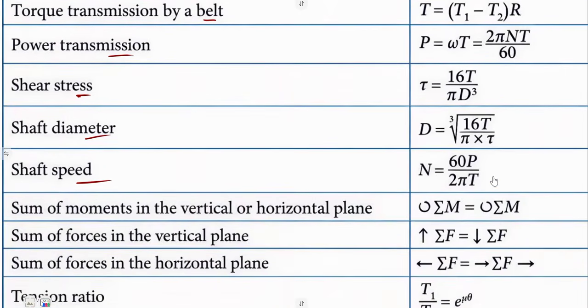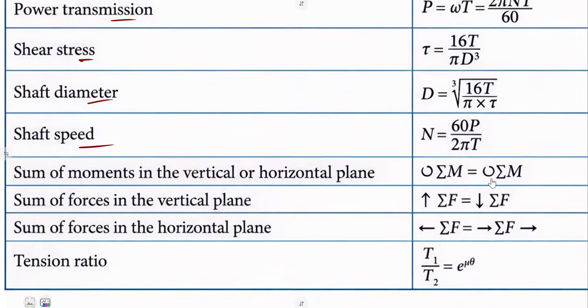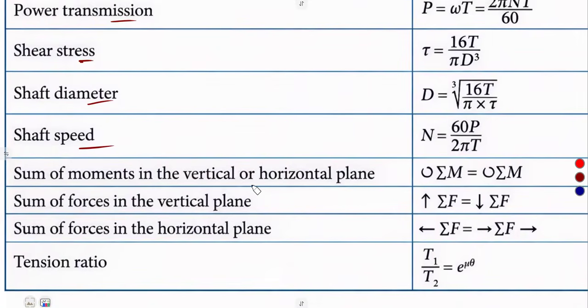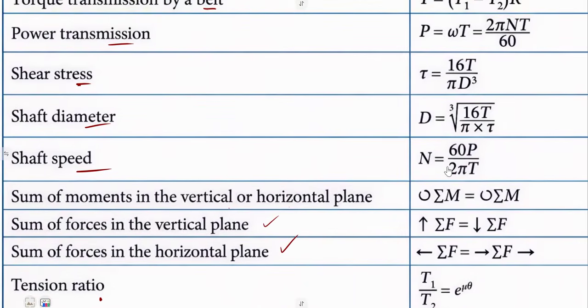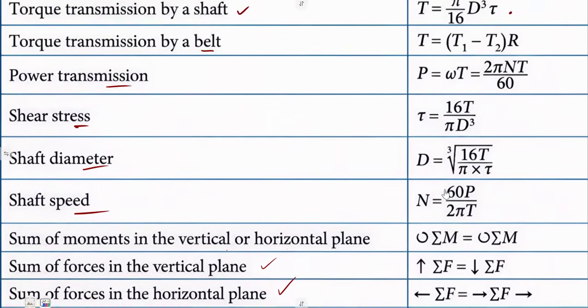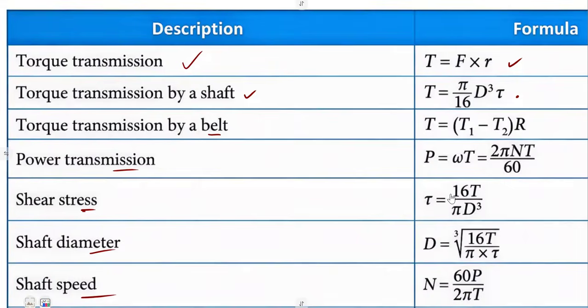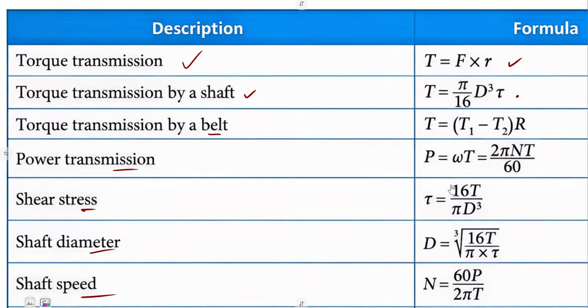We also have calculations when you consider the moments, those vertical and horizontal plane, sum of forces in the horizontal plane, the tension ratio. So you can see that everything is given. Just a basic overview. Go through each and every formula. When you are given a question, try to apply it.